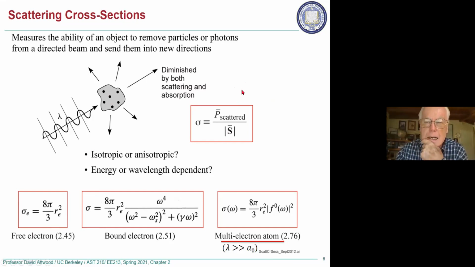So we still have that one single electron. The radiation comes in and makes that one electron go up and down, oscillate in the electric field. The nucleus is essentially not moving because it's massive in comparison, and so it's not able to follow the high frequency. And that one electron has associated with it some binding energy. It's part of an atom.